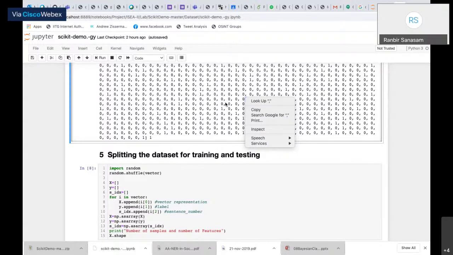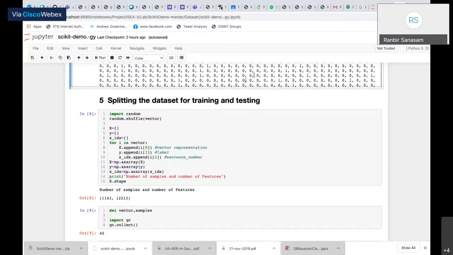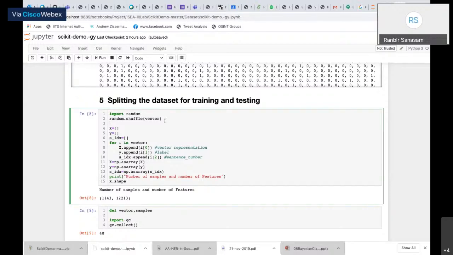If you see, in the original, all five positives are together and all negatives are together. So we are just doing random sampling, and when I do the random sampling, everything will be mixed.